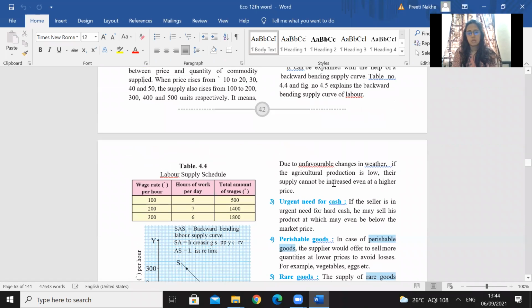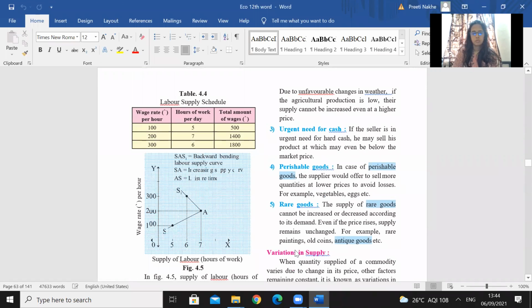Next is urgent need for cash. If you are in urgent need of money, it can be a medical emergency or educational problems, you need money urgently. At that time your mentality will not be, let the price come higher, then I will supply.